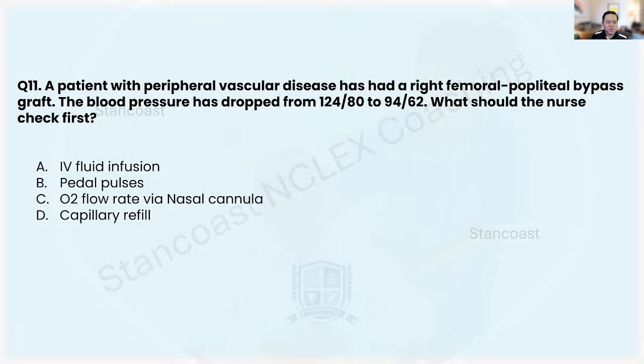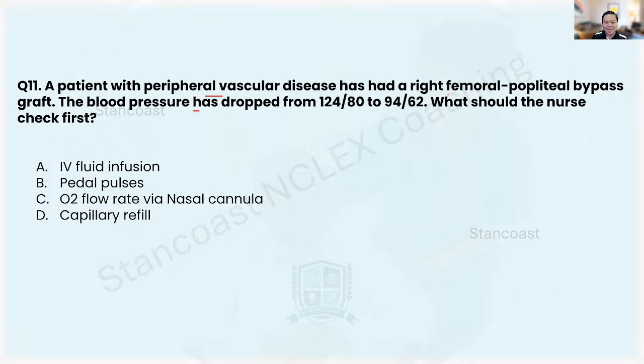We have a situation here talking about a patient with peripheral vascular disease that has had a right femoral popliteal bypass graft. Okay, that's the scenario. The patient is post-op. The blood pressure has dropped from 124/80 to 94/62. What should the nurse do first? Or what should the nurse check first?